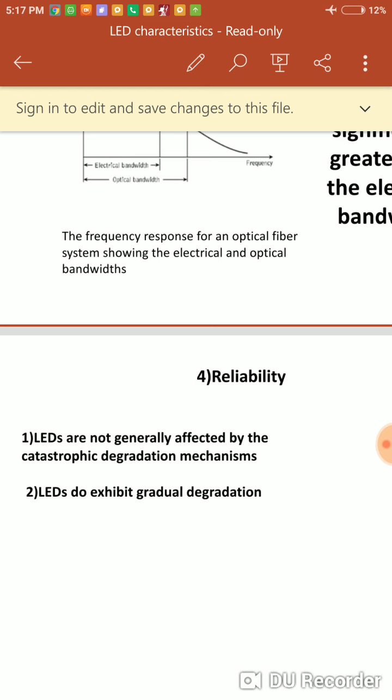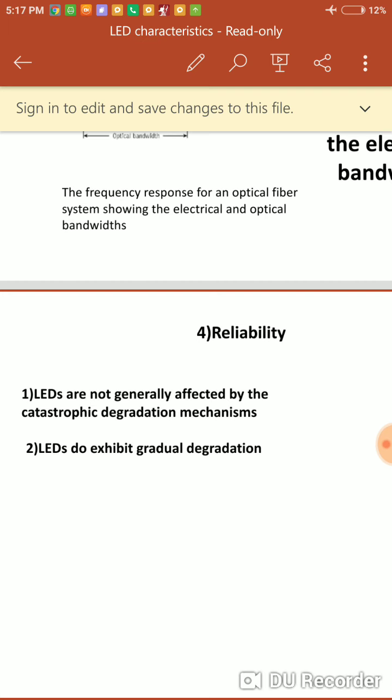For any device, reliability is an important parameter for its performance. Here, for optical sources, we define reliability by considering their degradation. Which types of degradations are present in laser and which types are present in the LED?